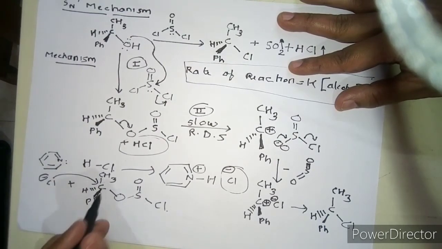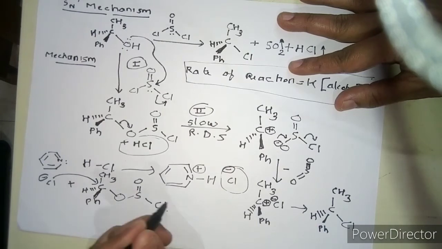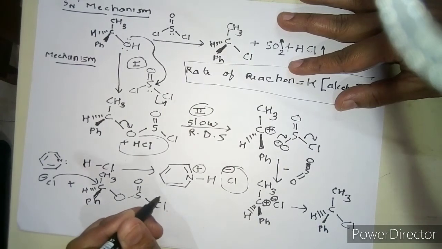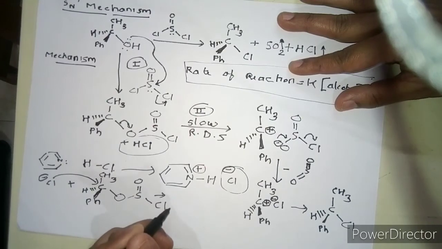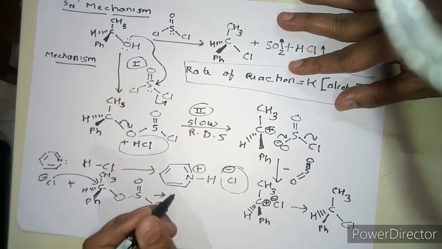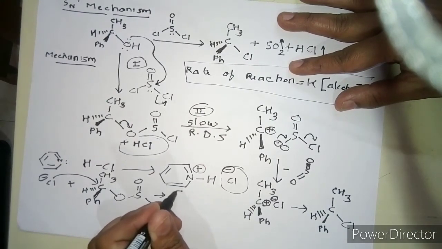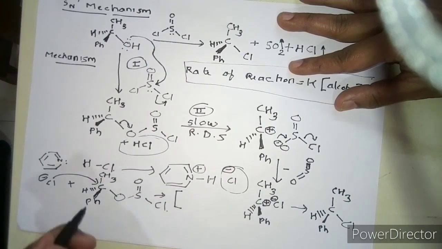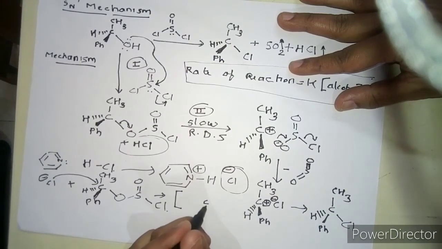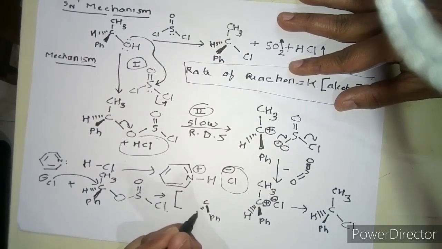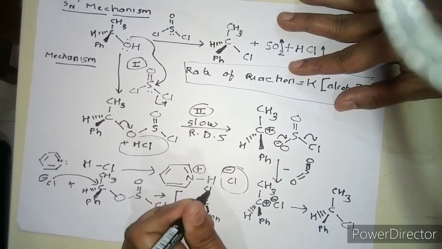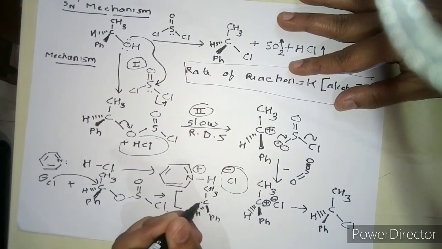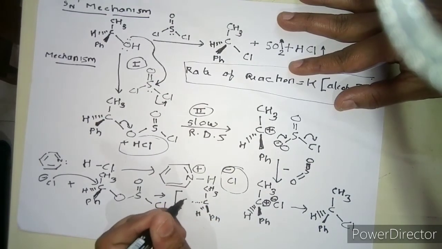The Cl minus ion attacks from the back side, and you get a transition state. If I draw it here, this is the backside approach of the Cl minus ion.